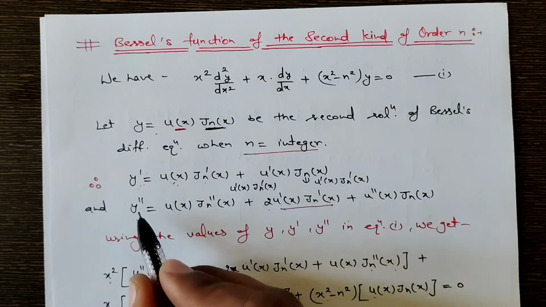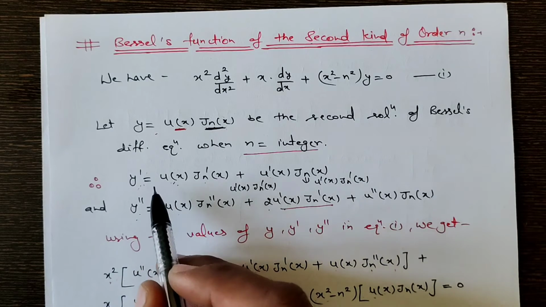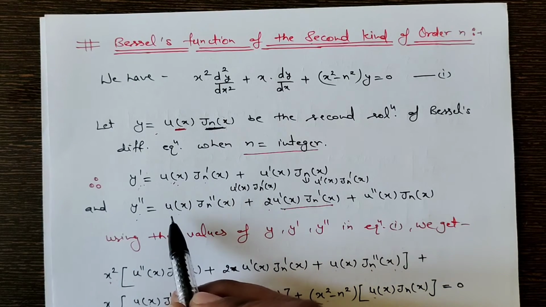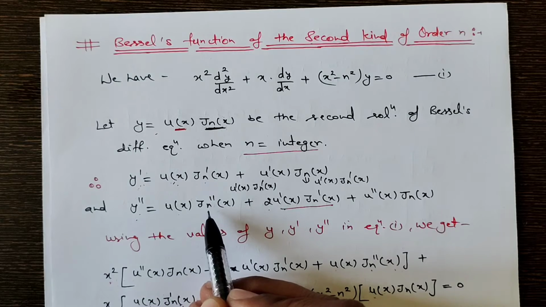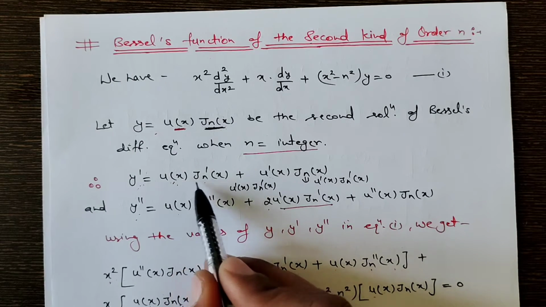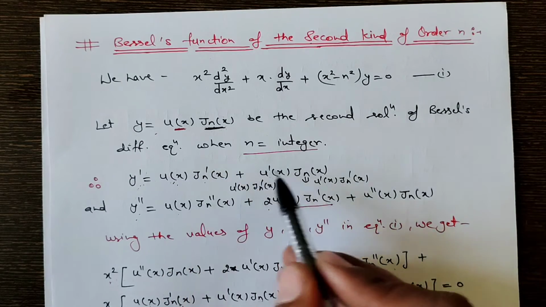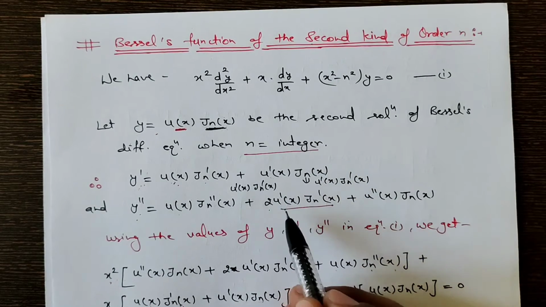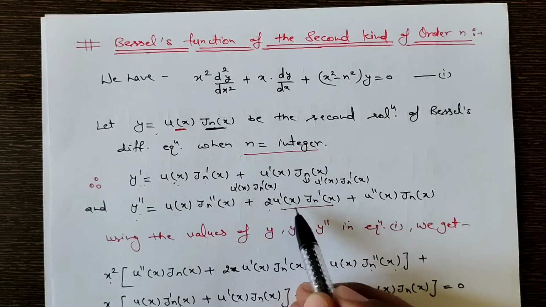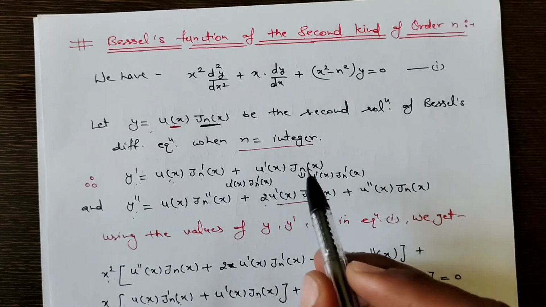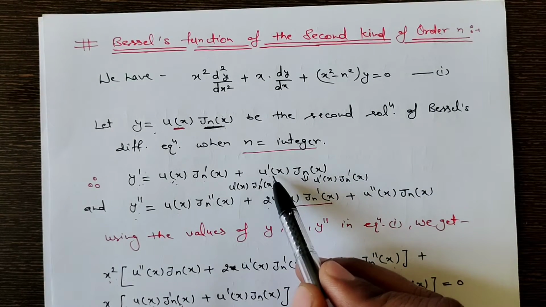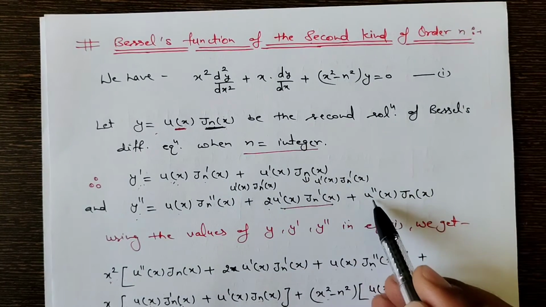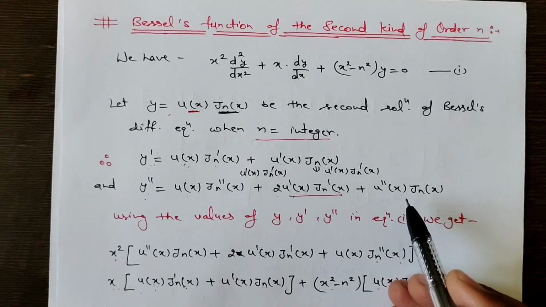Clear? So in order to find y'', we use the value of y'. The first term is u(x) Jn''(x), and one term from the first expression and one term from the second can be combined to write 2u'(x) Jn'(x), plus the derivative of the first term with the second as it is, so u''(x) Jn(x).